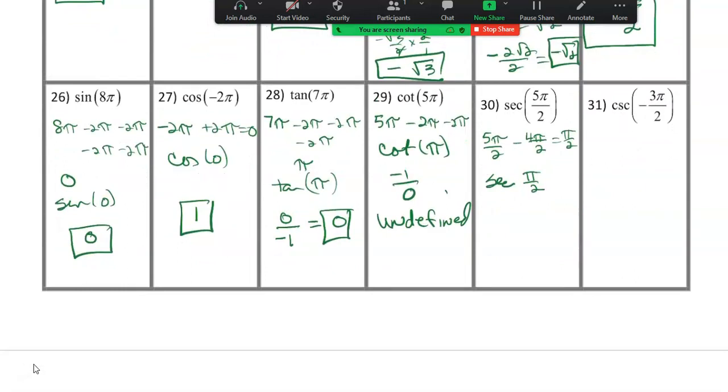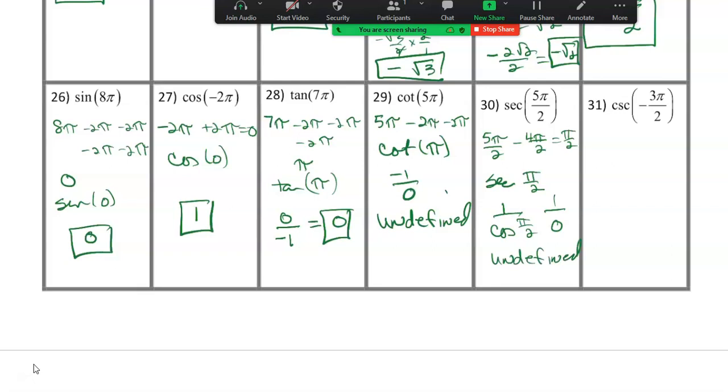So I would say it's 1 over the cosine, right? But if cosine is 0, I'm dividing by 0, and therefore that is going to be undefined, because you can't divide by 0.